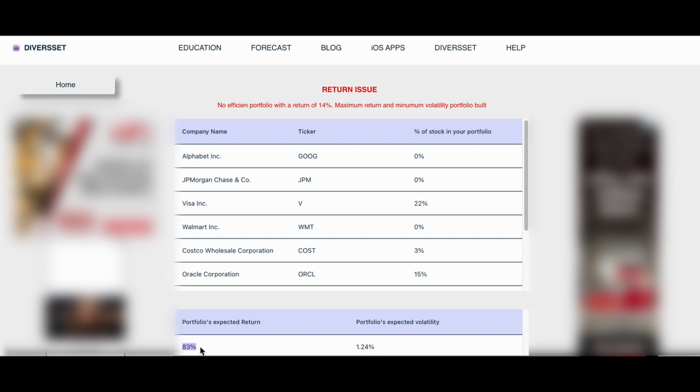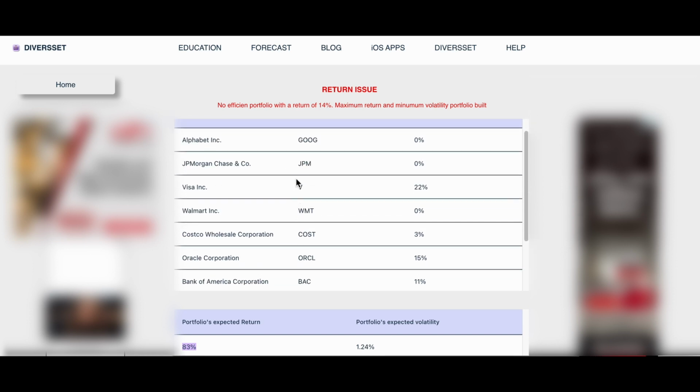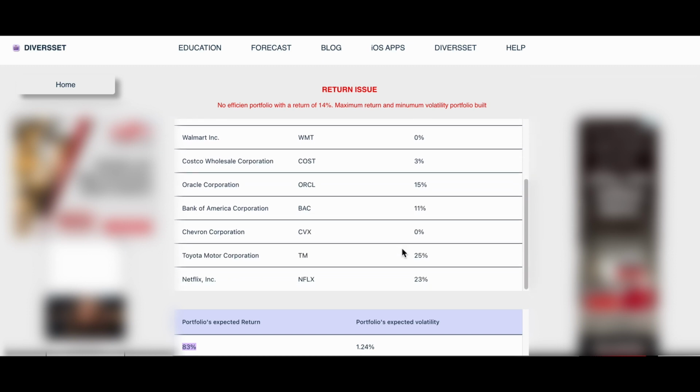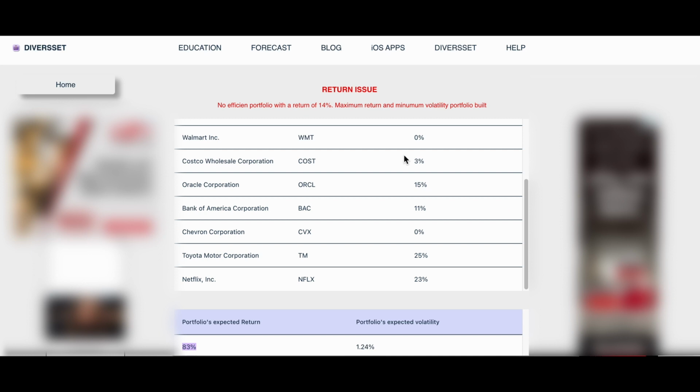You see, it is maximizing your expected return and minimizing the loss, and it is saying if you want this loss and 83% yearly return, which is a lot, you should put these stocks in your portfolio. So 22% should be allocated to Visa, Costco 3%, Oracle 15%, Bank of America 11%. When you see 0, it means you shouldn't put those stocks in your portfolio to get this 83% return.